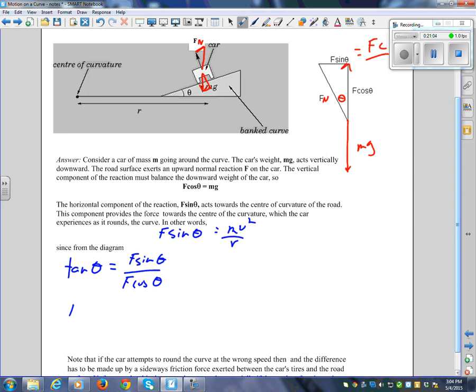Rewrite that for F sine theta. That's going to be F cos theta tan theta. I'm taking both sides and multiplying by F cos theta. This F cos theta goes up to there, I'm left with F sine theta. I flip them around: F sine theta is equal to F cos theta tan theta.